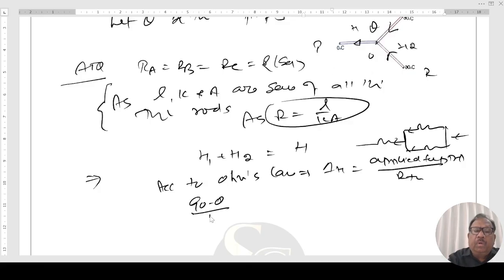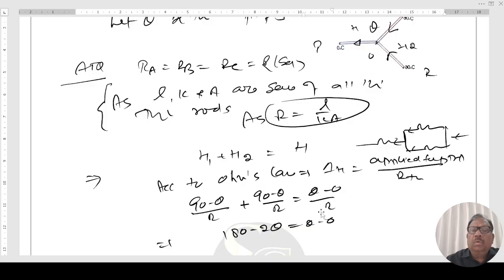Then (90 minus theta) upon R plus (90 minus theta) upon R equals (theta minus 0) upon R. The R cancels, so 180 minus 2 theta equals theta minus 0.